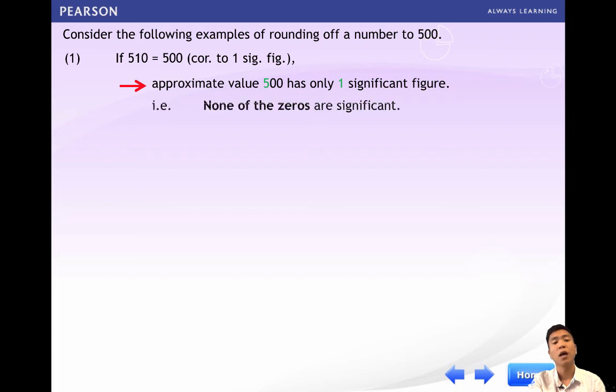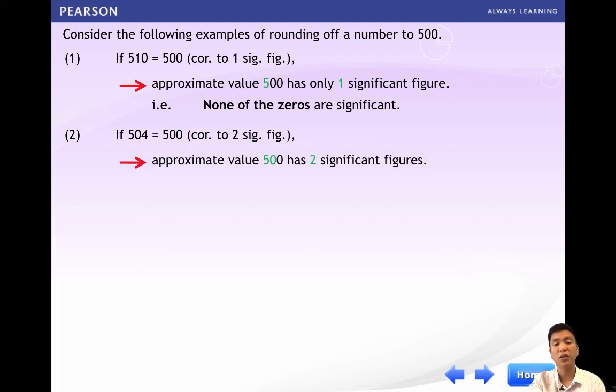Okay, but for this number 504, if it is correct to two significant figures, we will get 500. So 500 here actually only has two significant figures. So the first zero in the 500 is significant, but the next one is not significant.